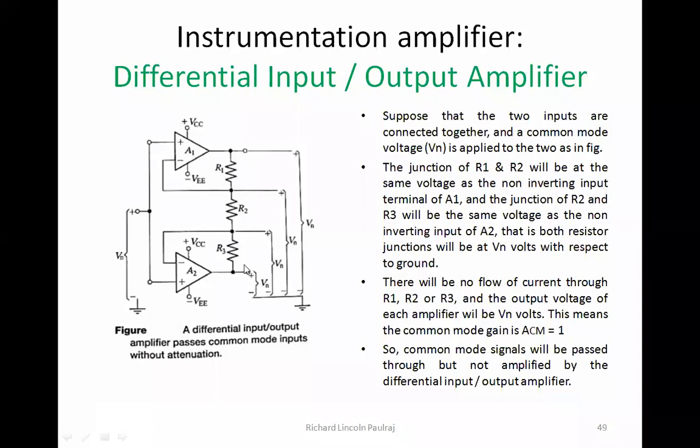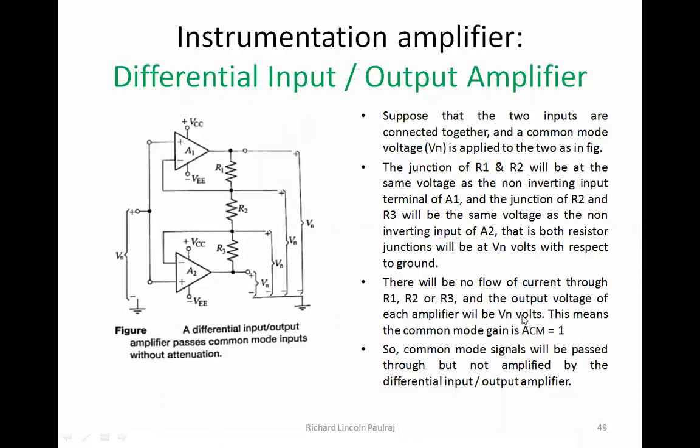No matter whether I check at this point, or here, or with respect to R2 and ground and then R1, I'm going to get the same level of voltages. That was the beauty here. And we were able to see that the closed loop gain is equal to 1.